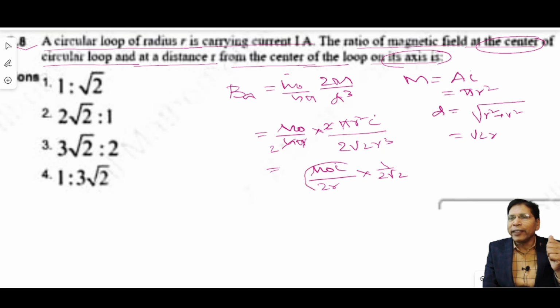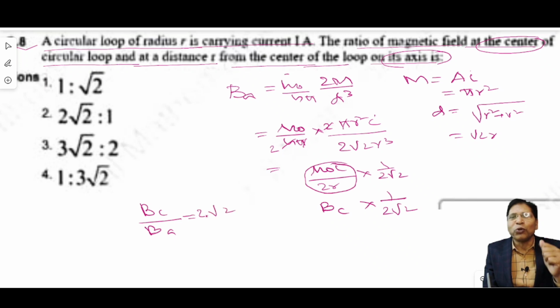Now mu naught I by 2r is the magnetic field at the center. Therefore, the magnetic field at the center divided by the magnetic field on the axis equals 2 root 2.